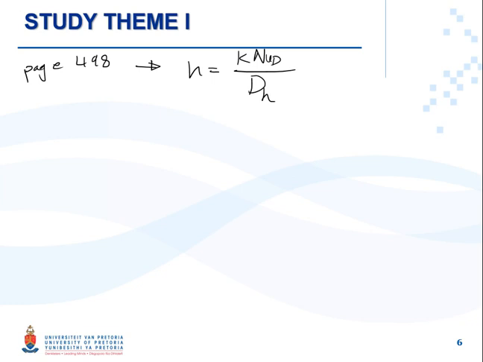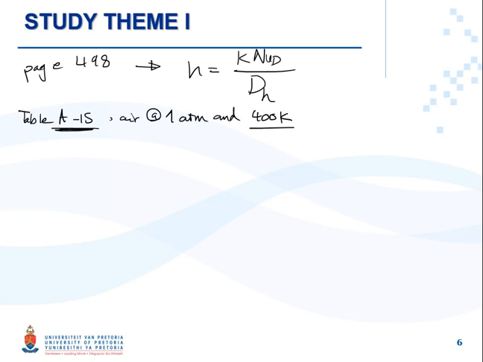But you might ask, where can I find K? It's very easy, from table A15. Why table A15? Because the question gave us air at 1 atmosphere and 400 Kelvin.